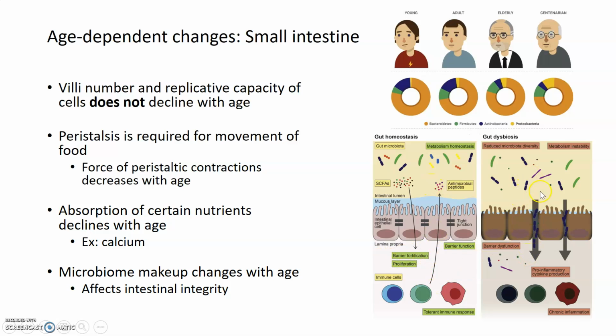That instability or that loss of intestinal integrity can allow things that should not be leaking from the lumen of your gut into the rest of your body and can actually lead to chronic inflammation as your body's immune defenses try to fight off what they think are invaders, and can create this chronic inflammation of the intestine as well. And so that is one other age-dependent change we see in the digestive system.